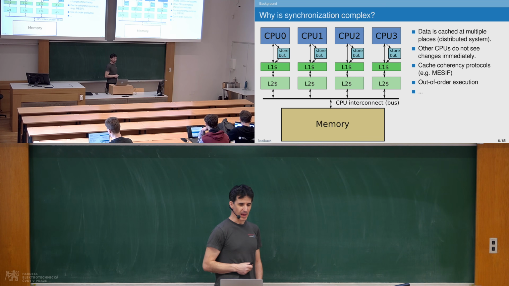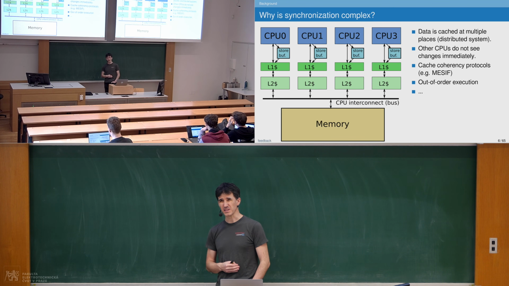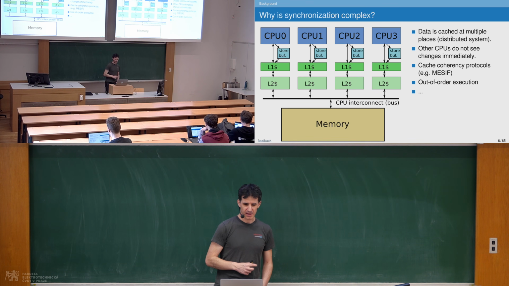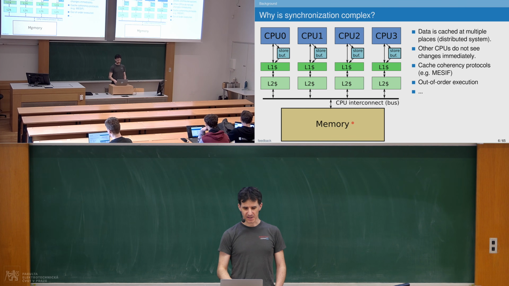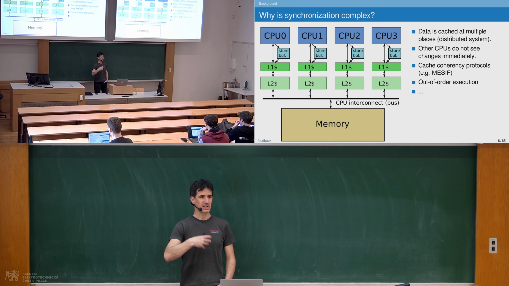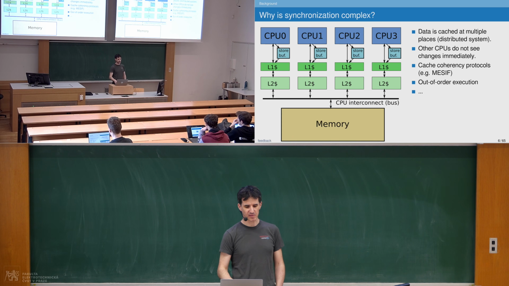So that's synchronization. Now let's look more briefly or in more detail at why synchronization is actually complex. The problem is that synchronization is related to working with shared memory. You have data structures in your memory. This data structure, for example, one structure in memory, is shared between multiple CPUs.